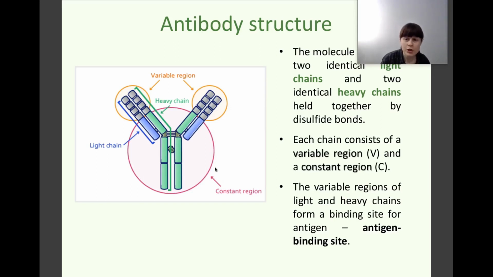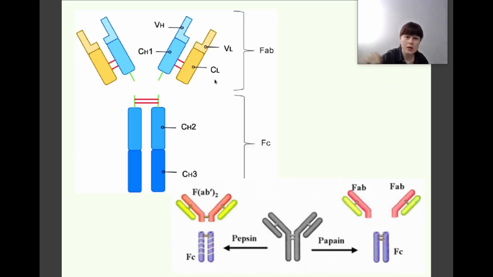The variable regions of light and heavy chains form a binding site for antigens. Here we have the antigen binding site. The two N-terminal fragments are called the Fab region.